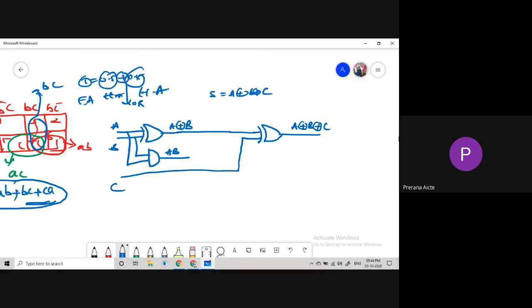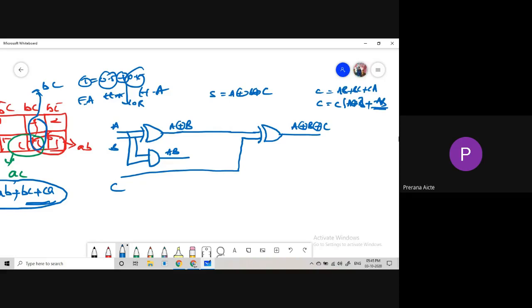One expression is carry equals AB plus BC plus CA, and another expression is C into A XOR B, plus AB.